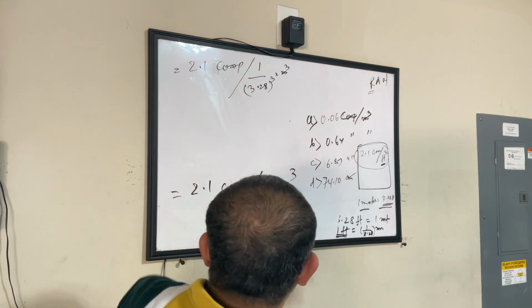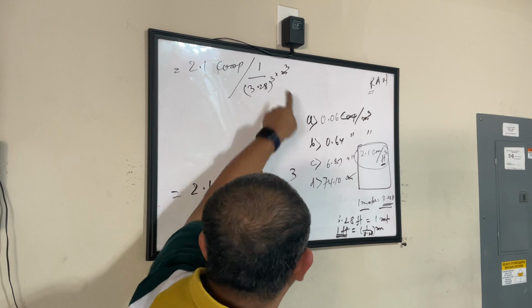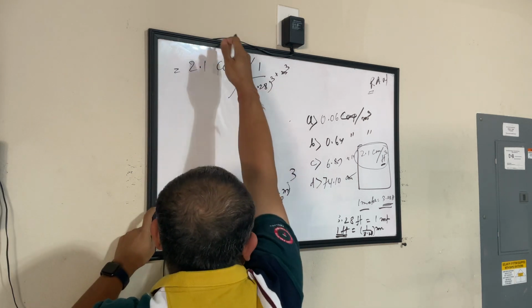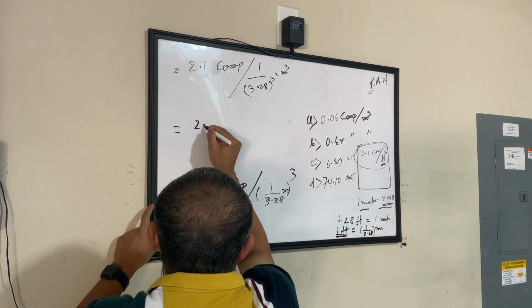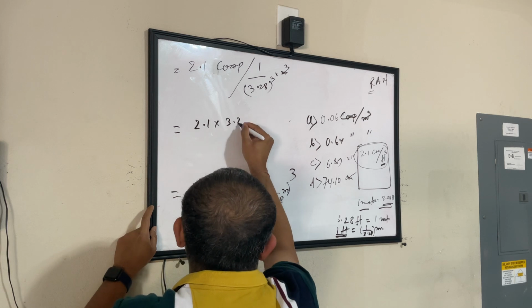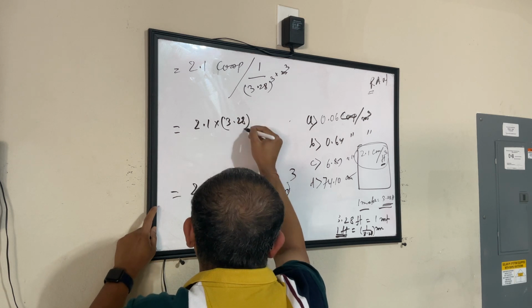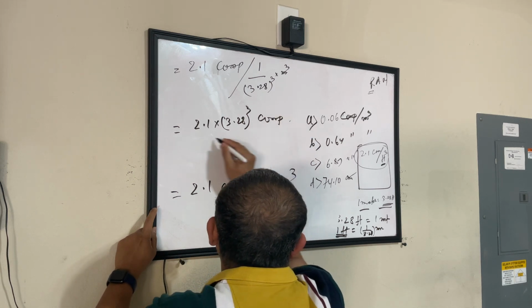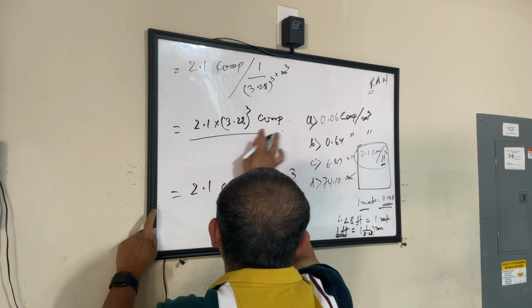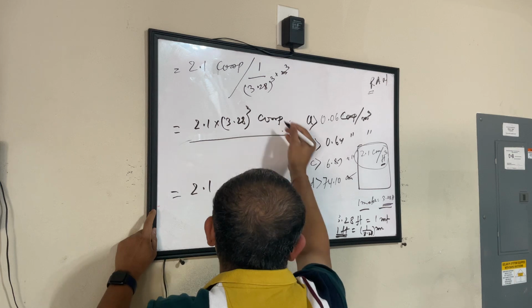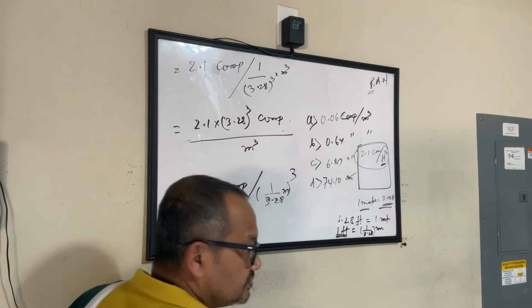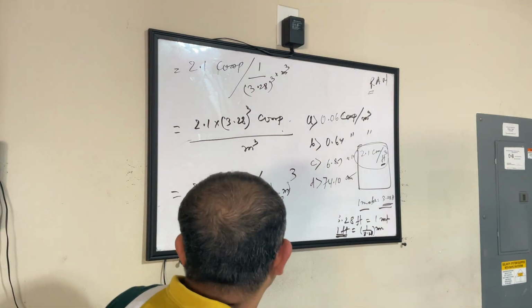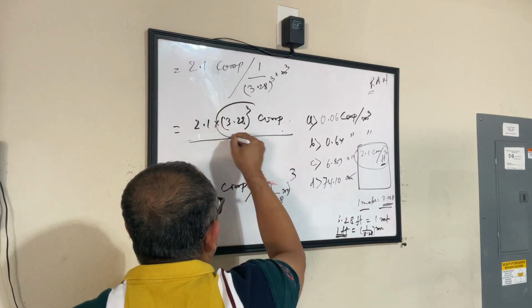So this becomes 3.28 cube. This whole thing goes up. This becomes 2.1 into 3.28 cube computers per meter cube. So your answer would be 3.28 cube.